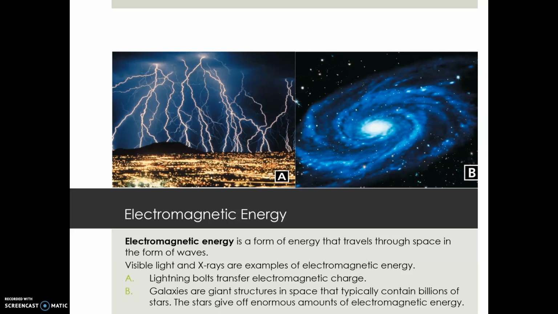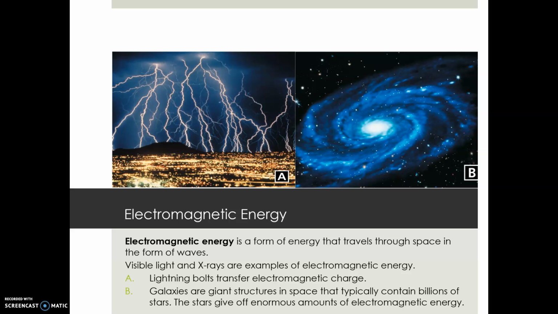Another example is galaxies. Galaxies are these giant structures in space. They contain billions and billions of stars, maybe some planets too. Those stars that are found within those galaxies give off enormous amounts of electromagnetic energy. Our sun, for example, gives off electromagnetic energy.